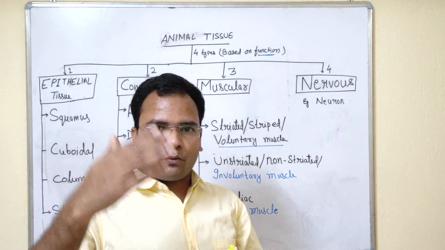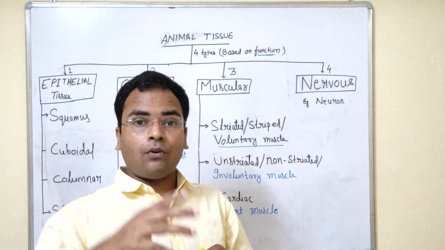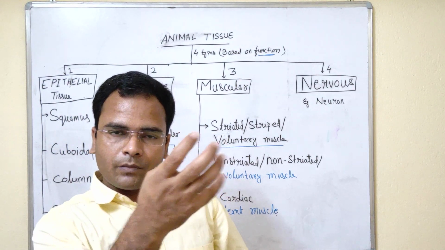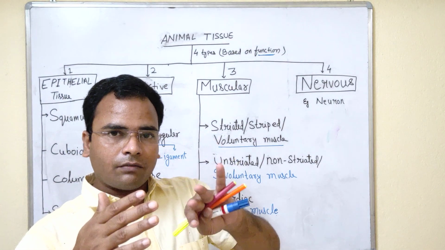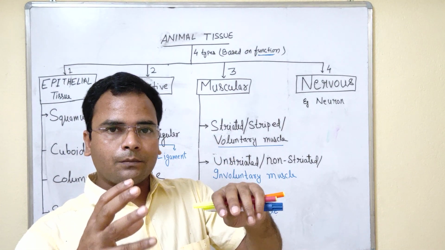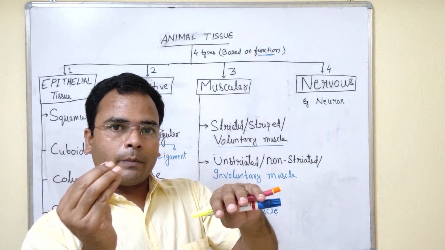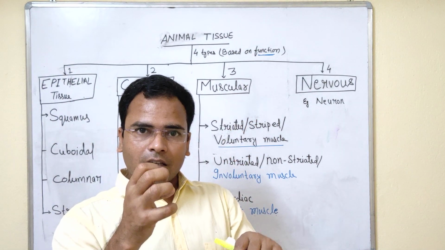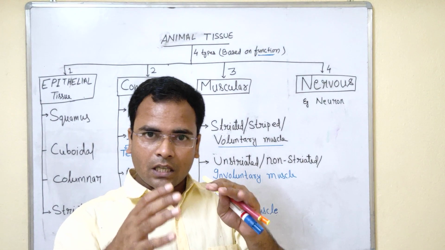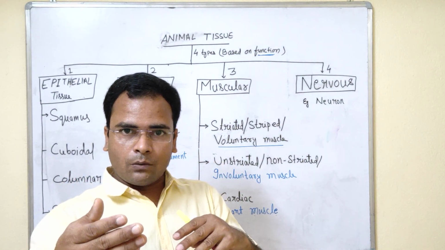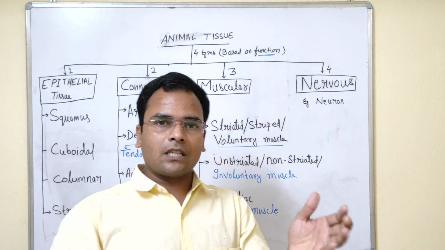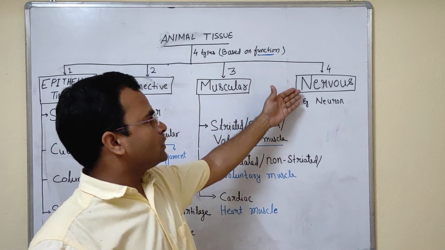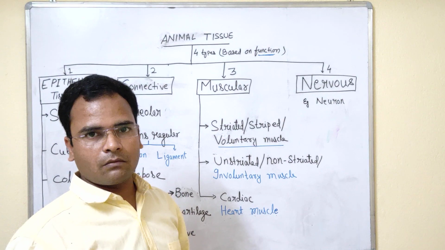There is a fast transmission of information from the site of reception, analysis goes on, and after that the motor nerves produce an action. The signal is received, analysis is done, a conclusion is reached, and as a result some action is required. For that, nervous tissue is responsible.